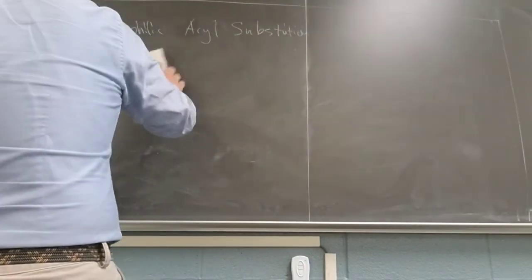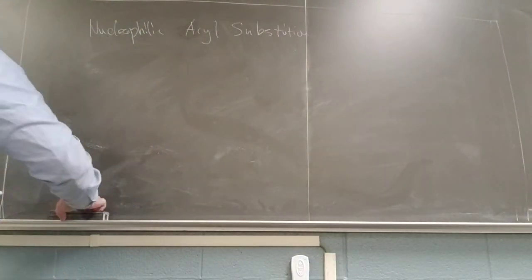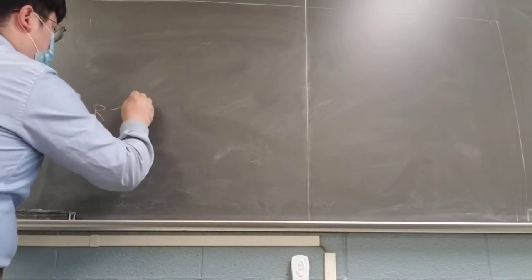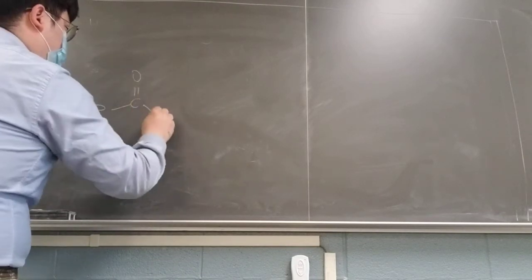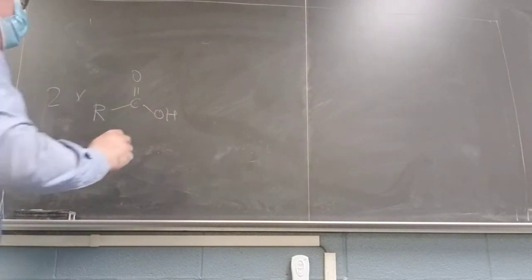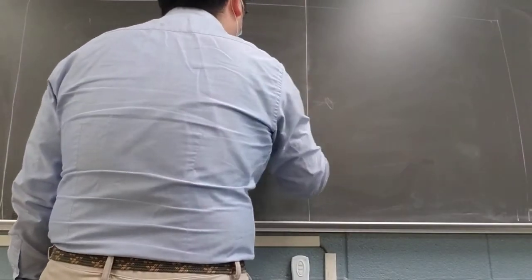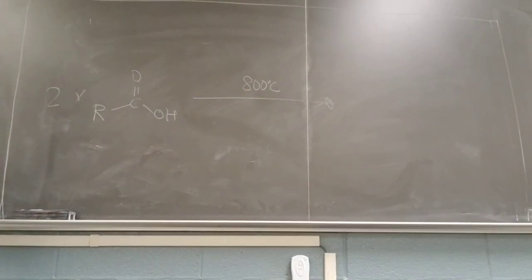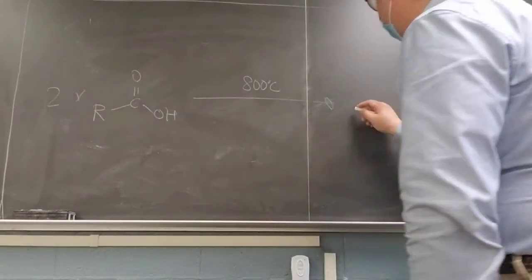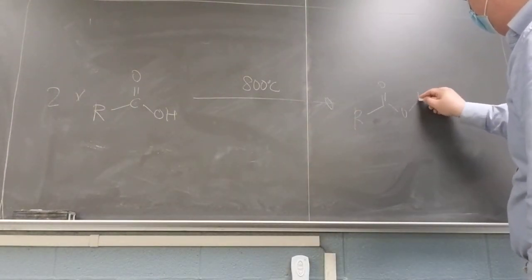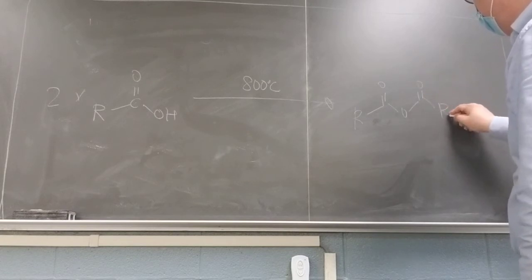And there's another thing you can do. If you have some carboxylic acid, maybe 2 of them, you can try to heat it up to a very high temperature over here. Then they can form acid anhydride.